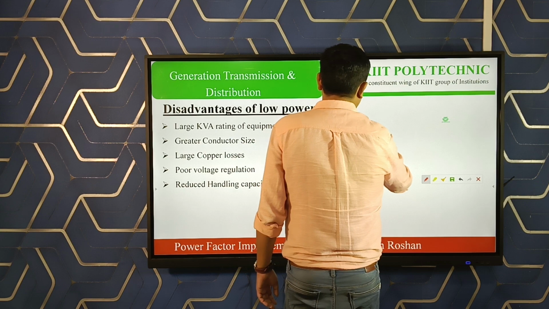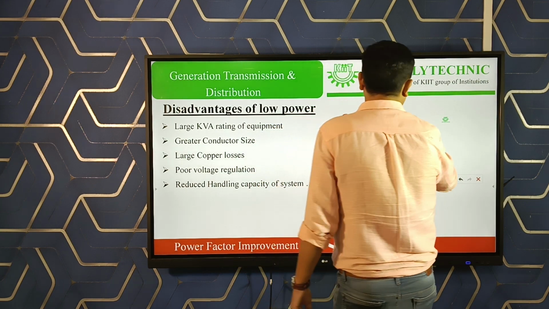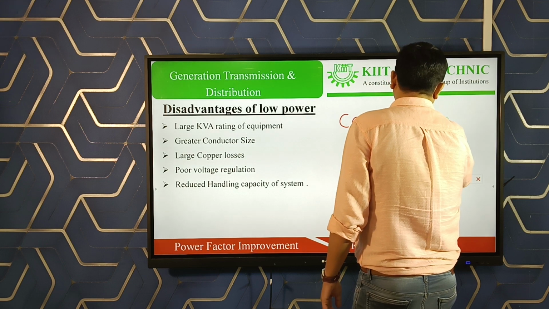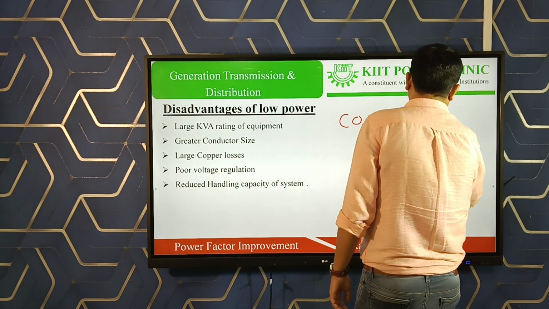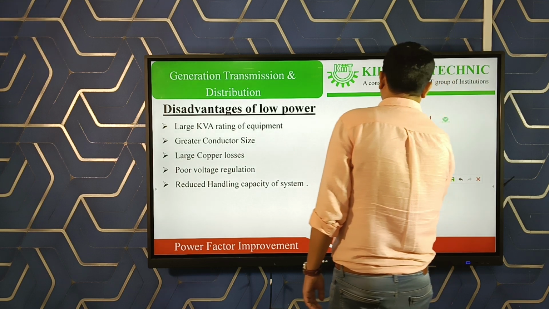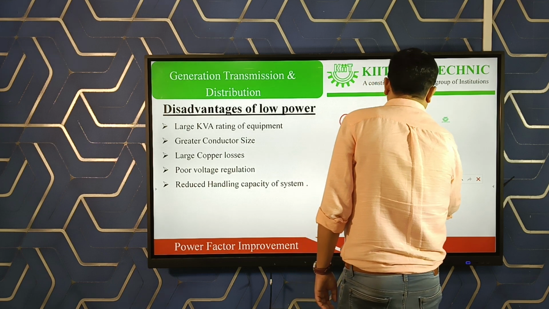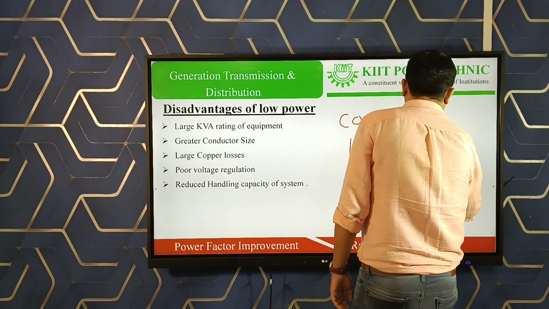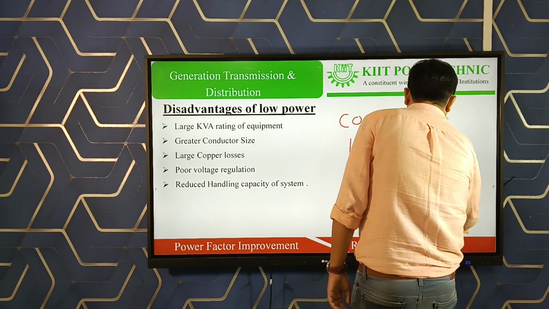What I have written: cos phi equals kW divided by kVA, so kVA equals kW divided by cos phi.